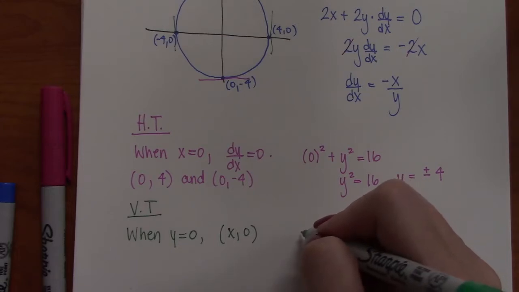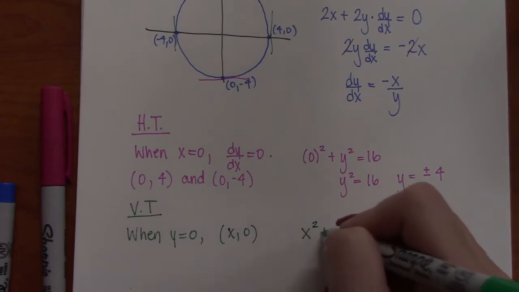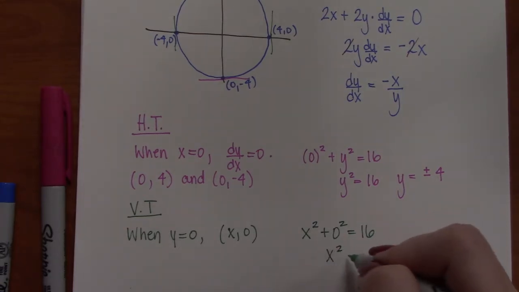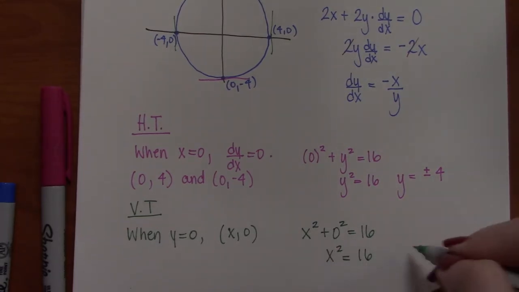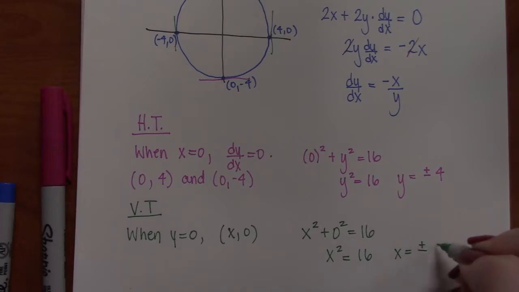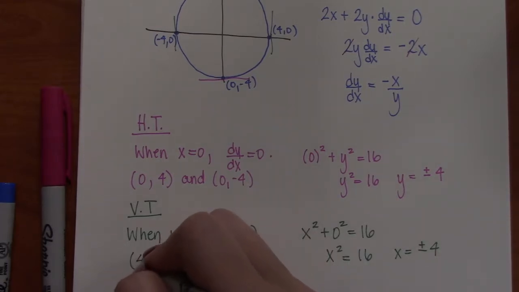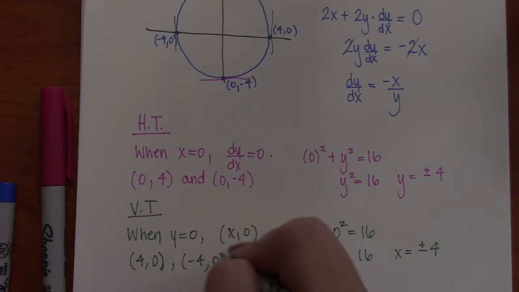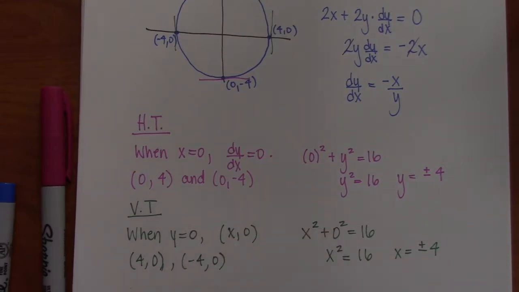We plug y equals 0 into the original equation and get that x squared equals 16, so x is plus or minus 4. So the points are (4, 0) and (-4, 0), where the vertical tangents are. And if I go back to the graph, I can see that that's exactly where I get a vertical tangent line.